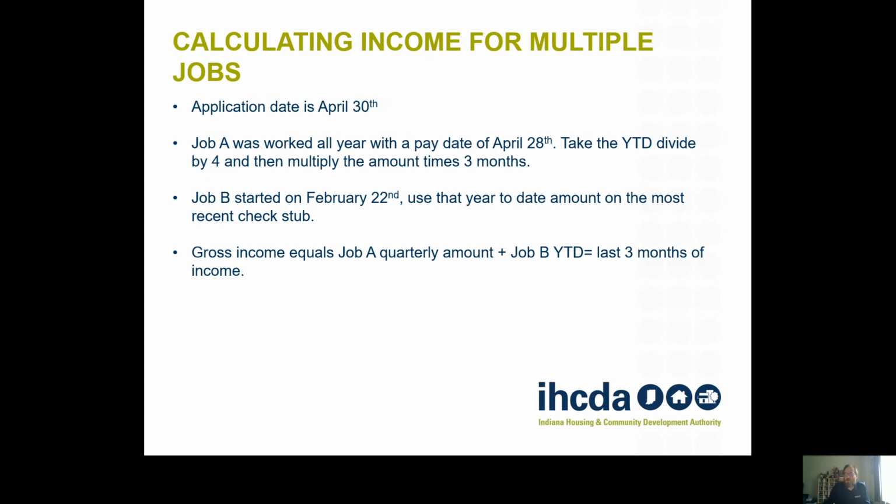So in this example, you have an application date of April 30th, and you have 2 jobs. Job A was worked all year and had a pay date of April 28th. So in that case, it's a very simple case of taking the year to date, dividing by 4, since you're looking at April pay, and then multiplying by 3 to get your 3 months. However, job B started on February 22nd.